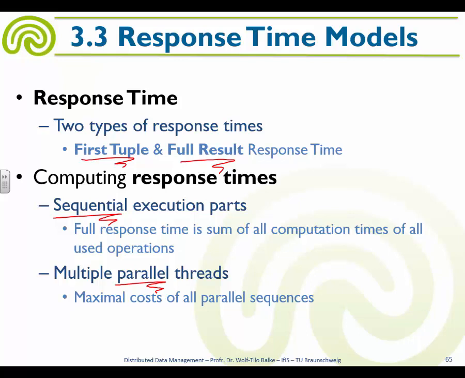If you do something sequentially, the costs add up, right? If you do something in parallel, you take the maximum of costs until synchronization as the wall clock time that has been used, right?